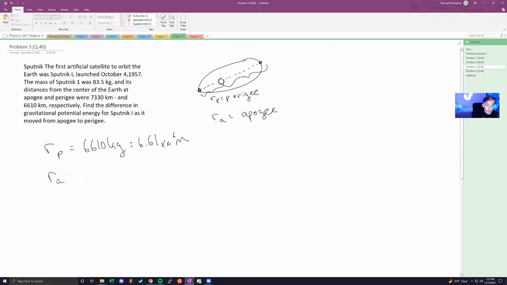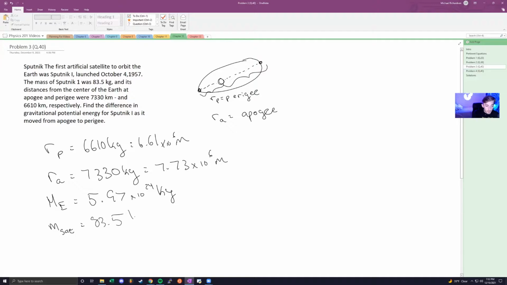And then our apogee is going to be 7,330 kilometers, which is going to be equal to 7.33 times 10 to the 6th meters. Additionally, it's pretty good to know this information. The mass of the Earth is 5.97 times 10 to the 24th kilograms. And the mass of our satellite is given to us in the problem as 83.5 kilograms.